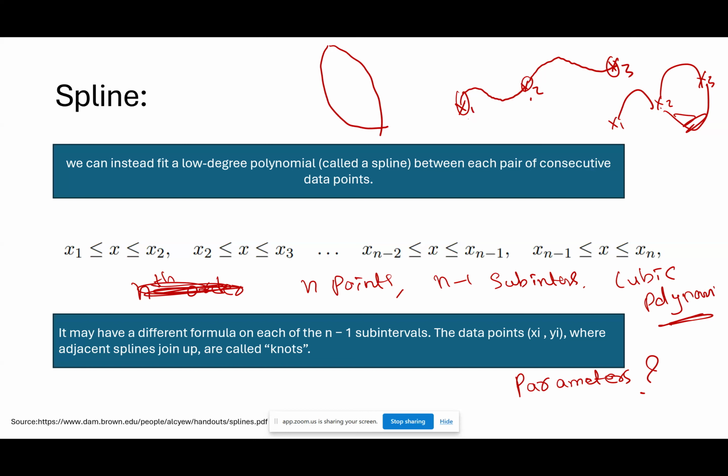So I will break it down. If you want to construct a cubic polynomial, how many parameters do we require? We need some coefficients, right?